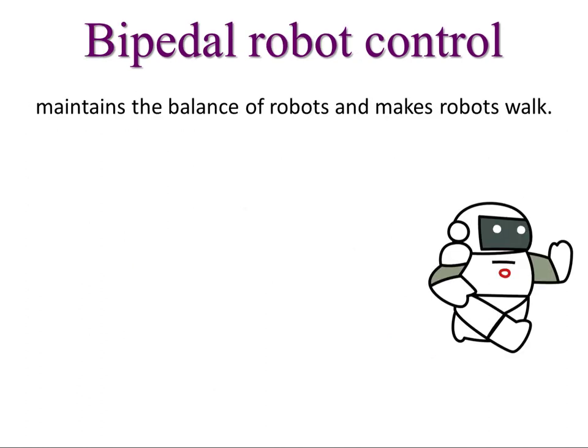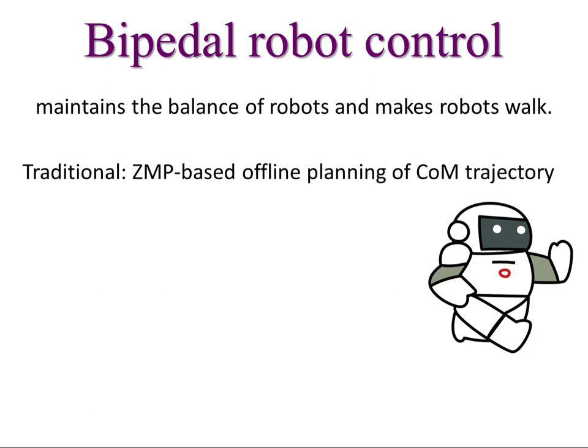Control of bipedal walking robots is one of the most common robot control, along with control of robotic manipulators. The traditional control method is based on the zero-moment point and plans the trajectory of the mass center of the robot.